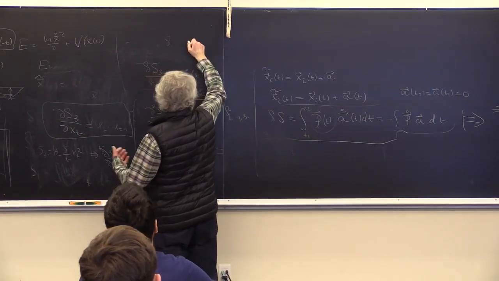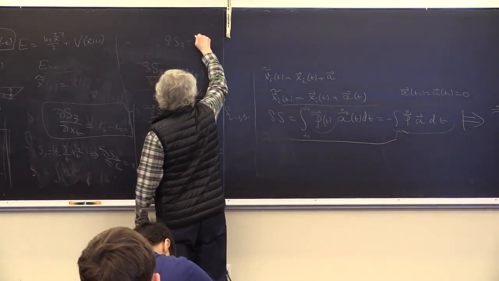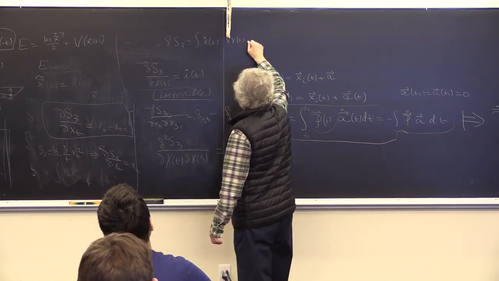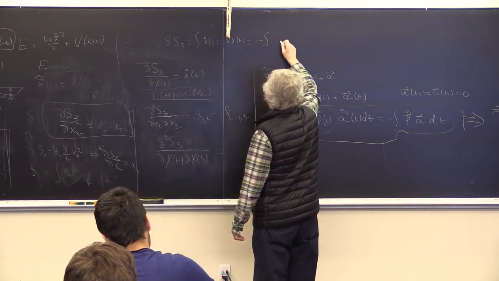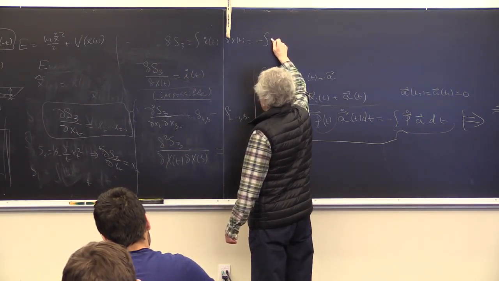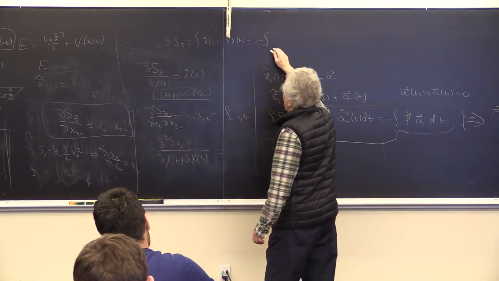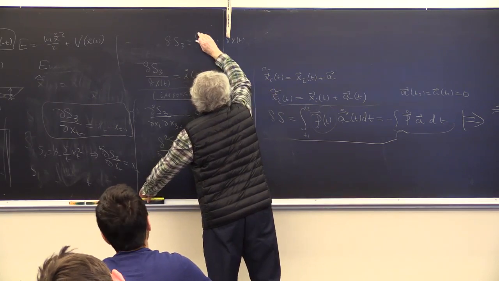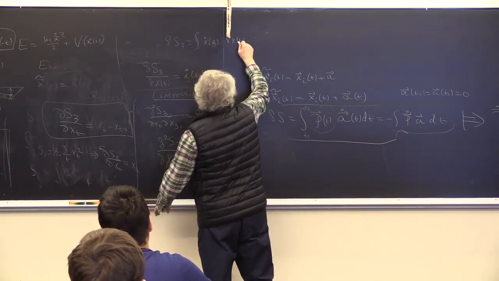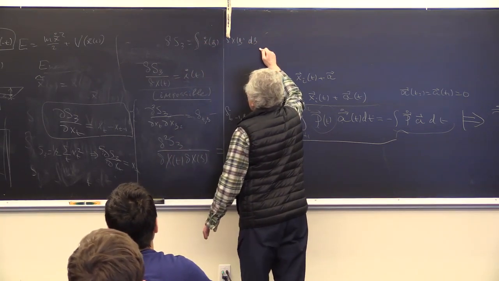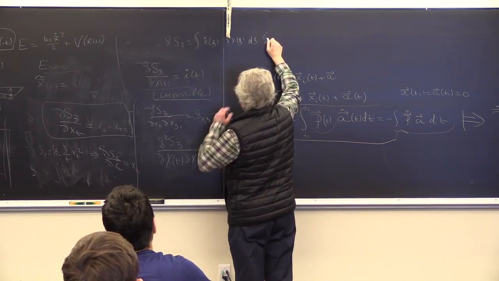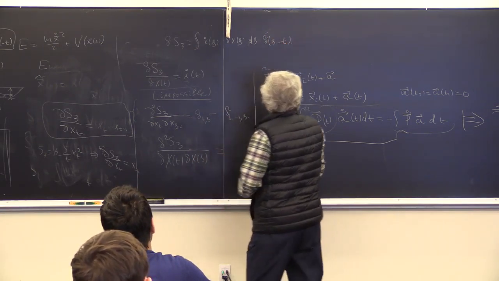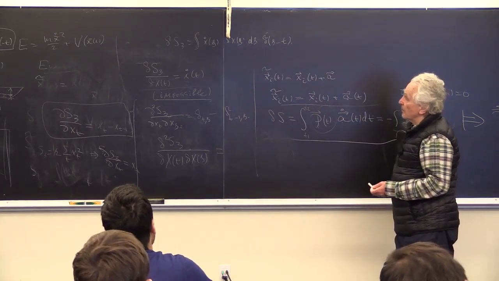This equation means that delta S is x dot of t, delta x of t, and we can rewrite it with a delta function of s minus t.